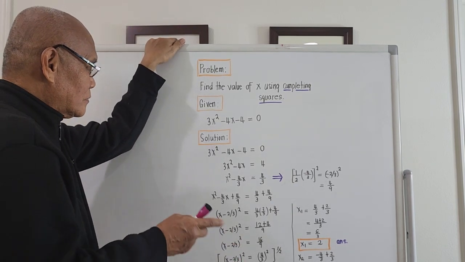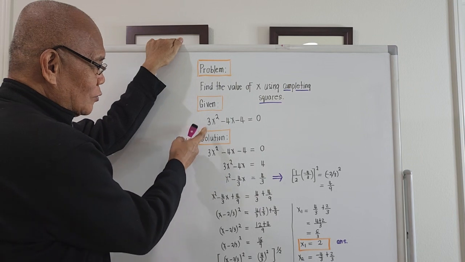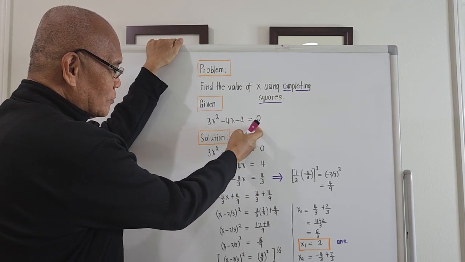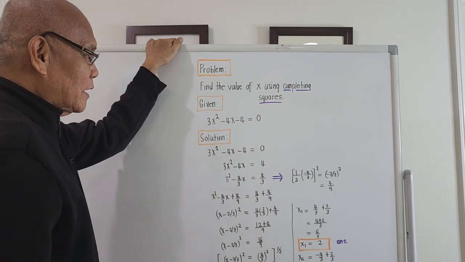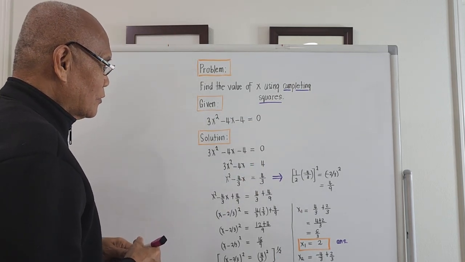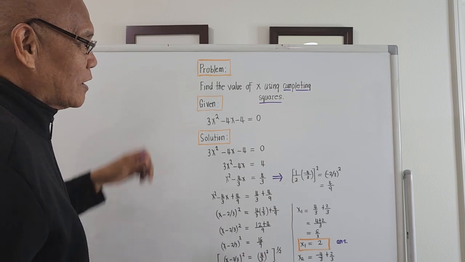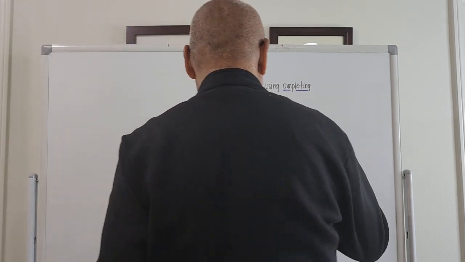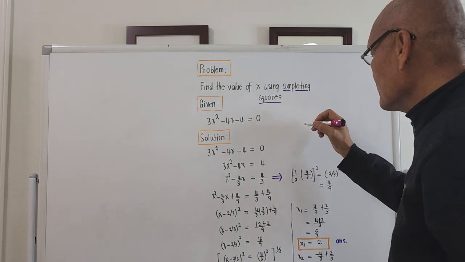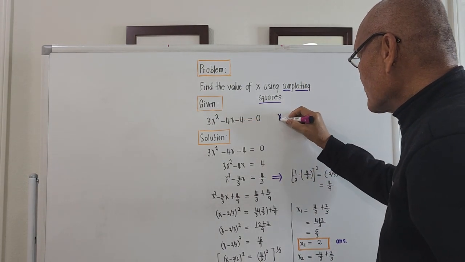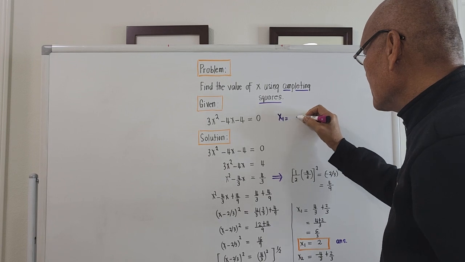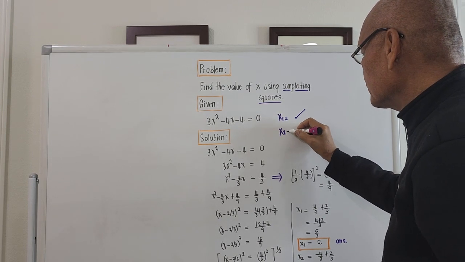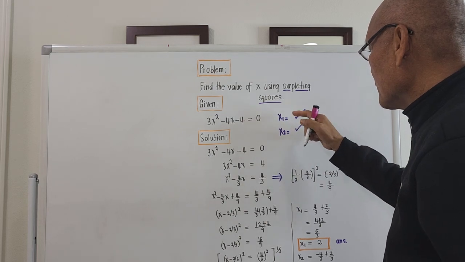I will read the given quadratic equation. That will be 3x squared minus 4x minus 4, and this should be equal to 0. The problem is asking for the possible values of x. Actually, there will be two values of x, an x1 and an x2, because it is quadratic.